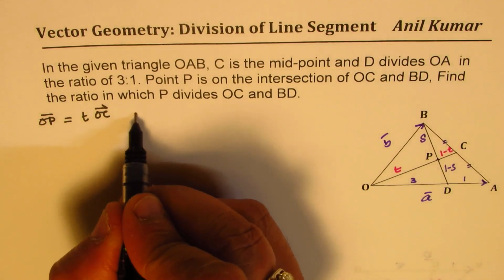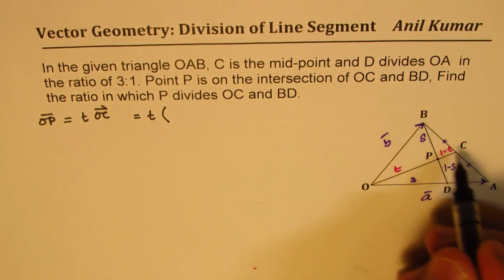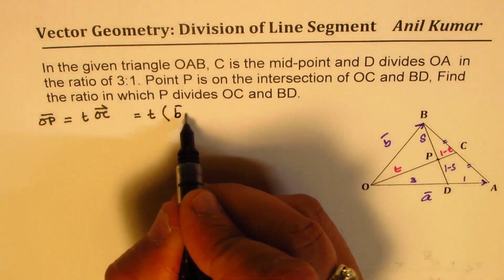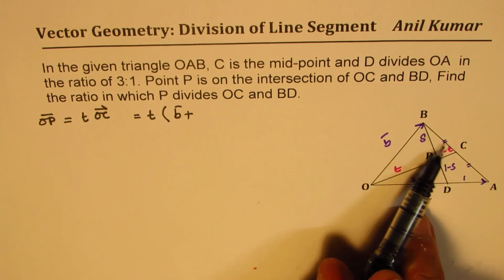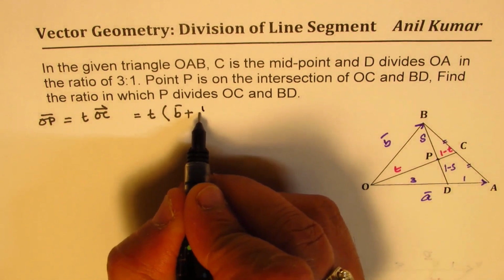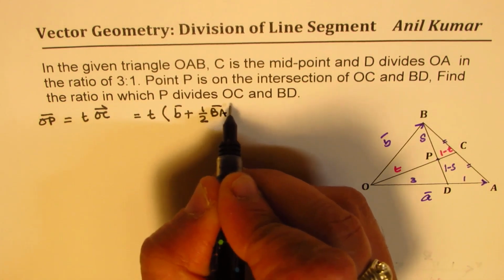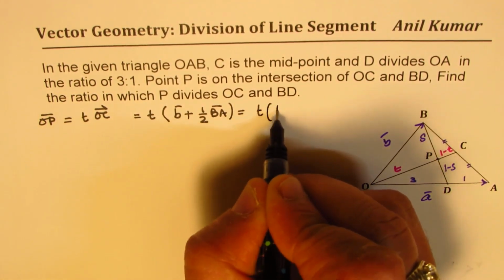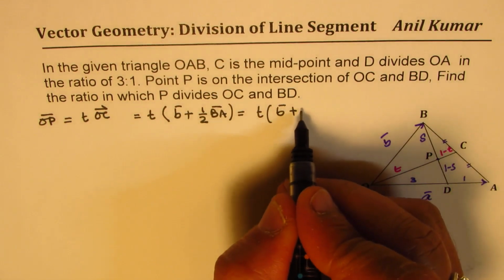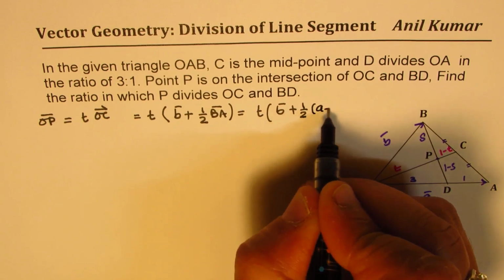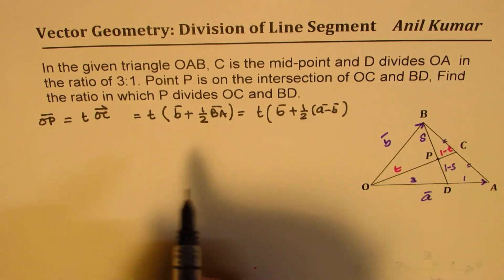OC can be written as O to B plus B to C. So we have written vector B plus half of, because this is half of BA, right? So it is half of B to A. Now what is B to A? B to A is A minus B. Correct? So we'll just open this.